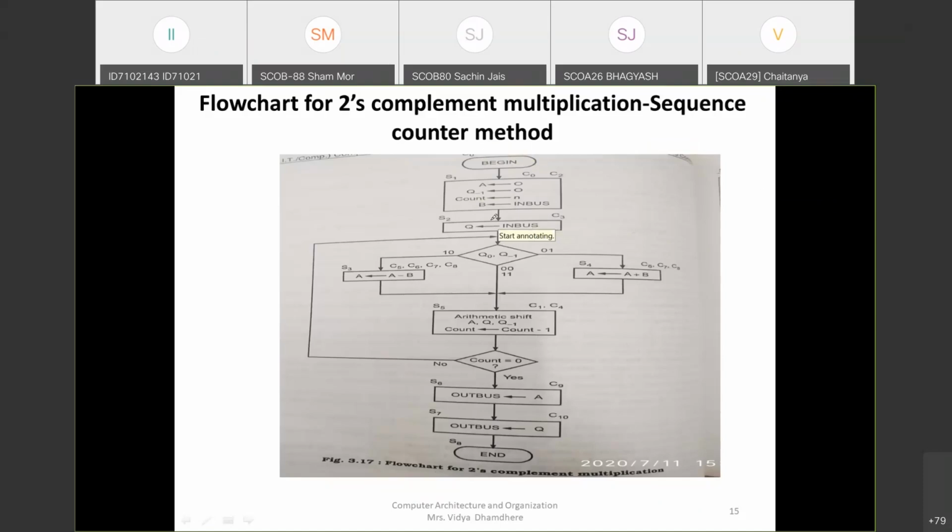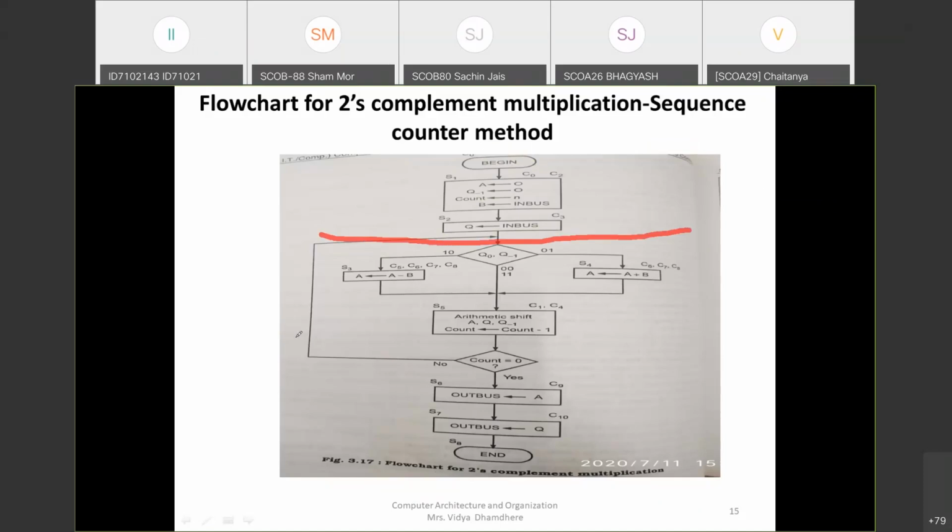First, whenever we use the sequential counter method, we need to divide the given problem statement into a number of phases. For example, initialization is one phase in terms of Booth's multiplication algorithm.